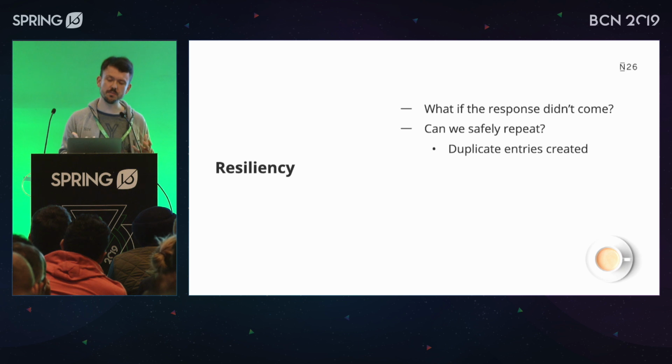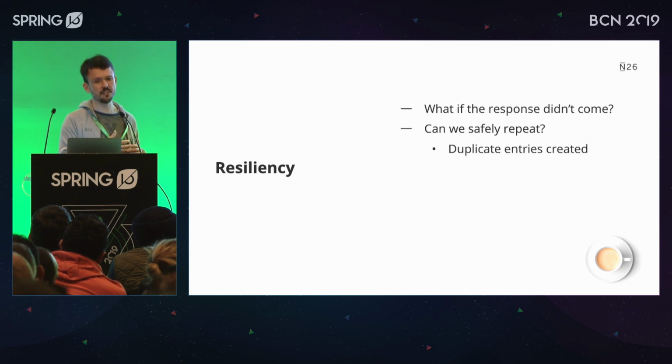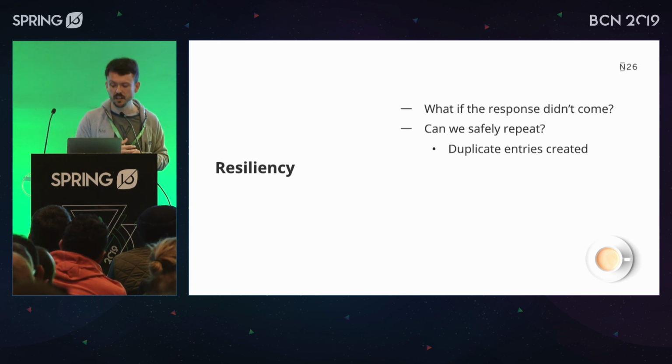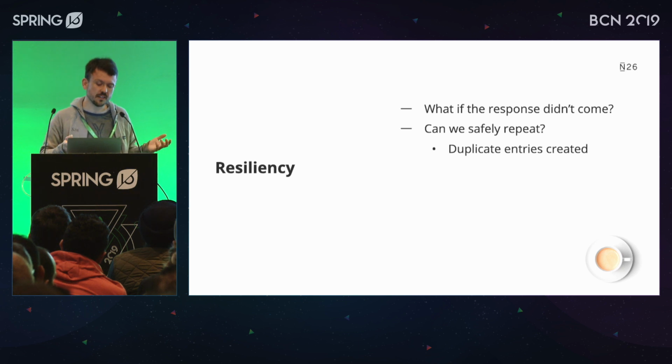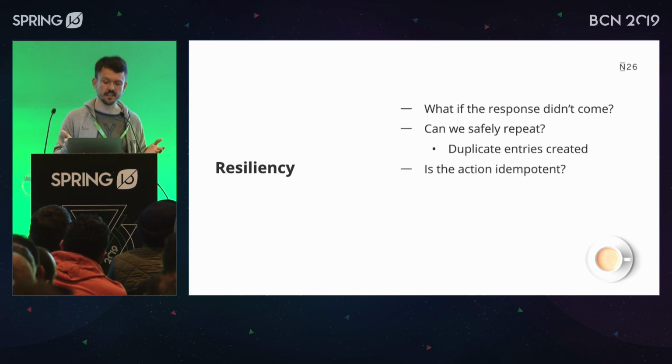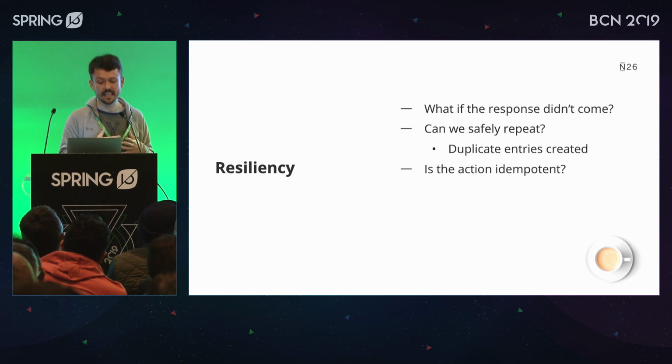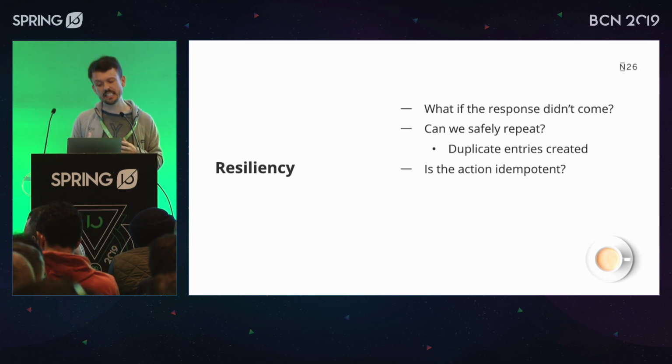How can we make sure that the repetition will not break the whole business logic? We have to basically be sure that there are no duplicate entries created in the external service. And the solution to that is usually some kind of ID, which is mostly named an idempotency ID. This is why we need to be sure that the action we are performing is idempotent.